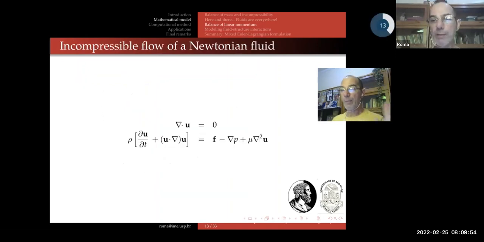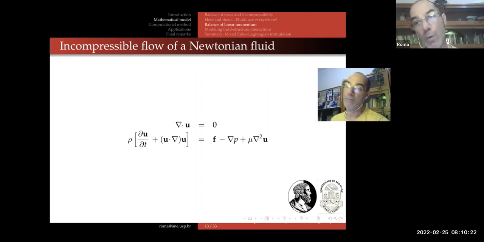So at this point, we have this mathematical model: incompressible flow of a Newtonian fluid. Rho is the mass density, also called specific mass. U is the velocity of the flow. Here we have acceleration given by the material derivative. Here we have incompressibility of the medium, of the flow.